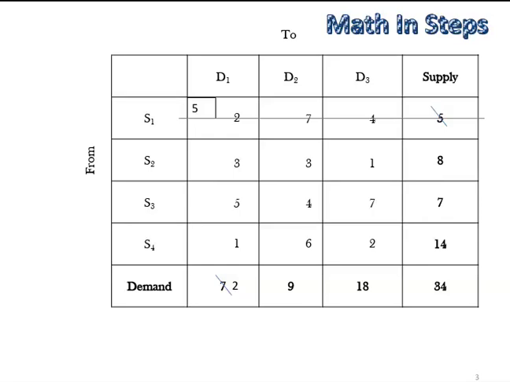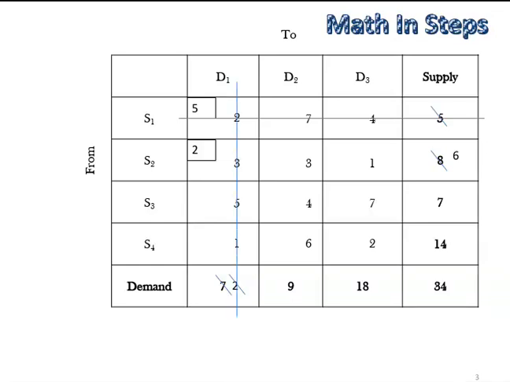For this cell, the supply is 8 and the demand is 2. So we'll be allocating the minimum of supply and demand, that is 2 here. After allocating 2 here, the demand of D1 destination is complete. For S2 source, the remaining supply will be 6. Now this time D1 destination's demand is complete, so we'll cancel the first column.